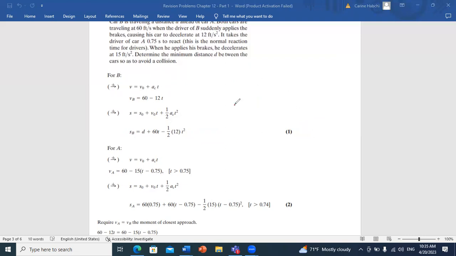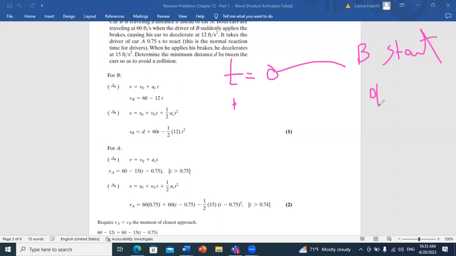And since we don't want to change the origin of time, T equal 0 for us is when B pressed the brakes. T equal 0 corresponds to B starting deceleration, since A will be a bit late.